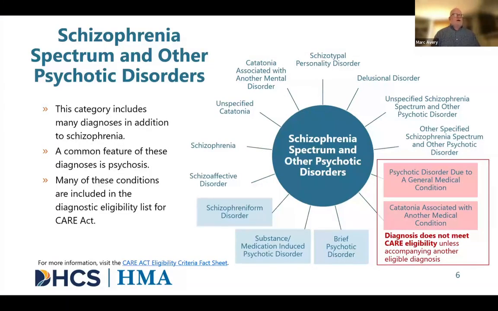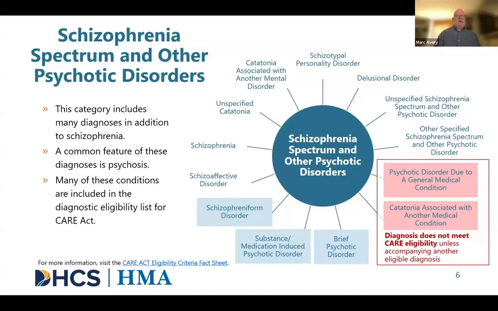This slide depicts all of the DSM-5 conditions that are listed in the Schizophrenia Spectrum and Other Psychotic Disorders chapter. All of the CARE Act eligible diagnoses are contained in this chapter. The content of this presentation applies specifically to schizophrenia itself. This is because schizophrenia is amongst the most common of the conditions in the DSM-5 chapter.